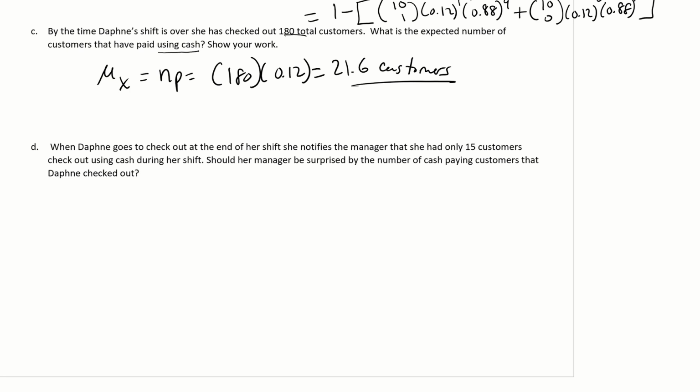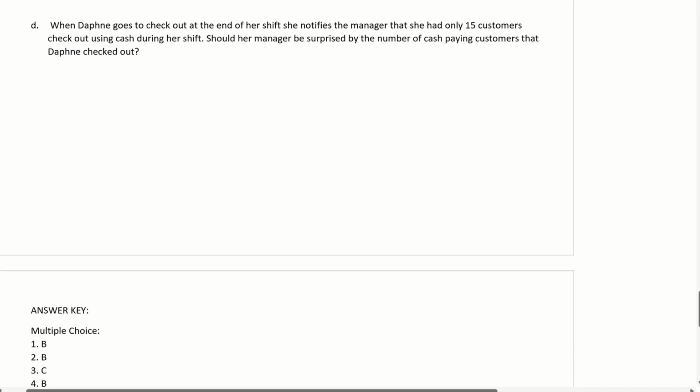All right. When Daphne goes to check out at the end of her shift, she notifies the manager she had only 15 customers check out using cash during her shift. Should her manager be surprised by the number of cash paying customers that Daphne checked out?